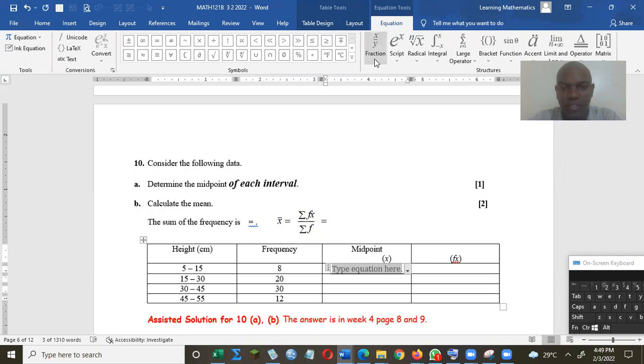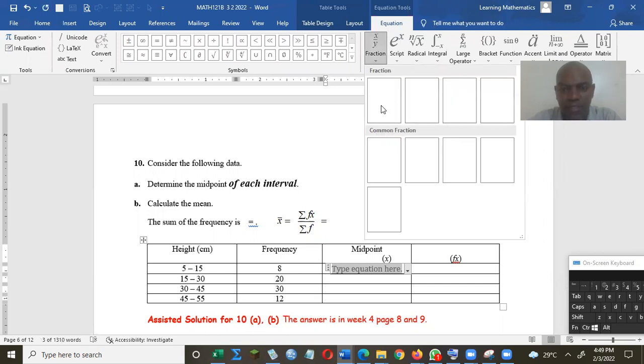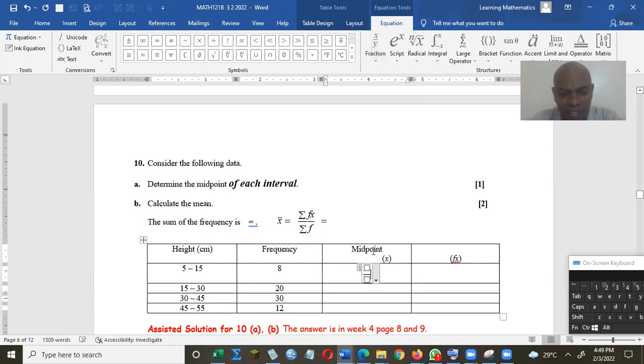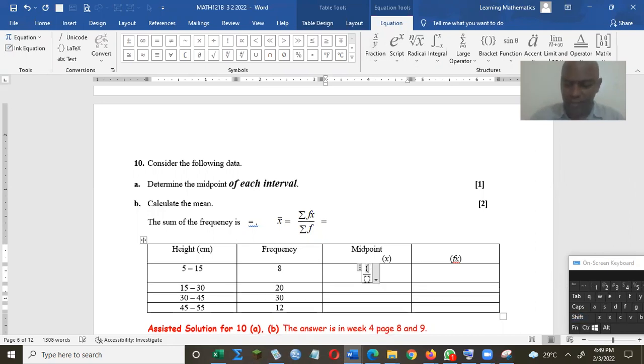Okay, so to manually calculate the midpoint of an interval and you want to type it, you go to insert, you go to equations, you look for fraction, and you open a bracket, 5 plus 15, close bracket, divided by 2.